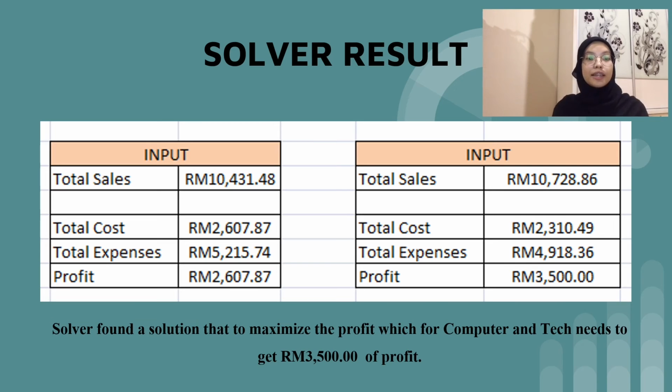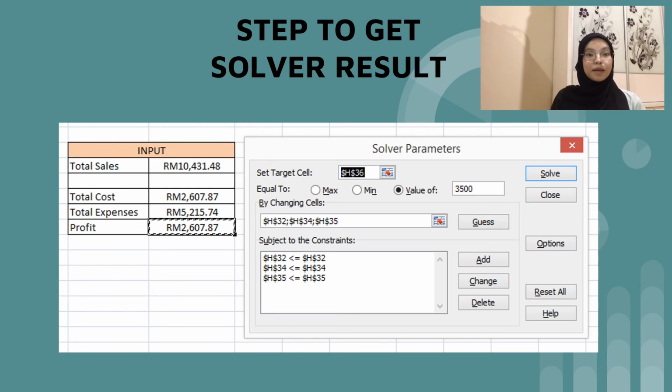This is an example of Solver where we maximize the profit at 3,500. So Solver found a solution: to maximize the profit, computer and technology needs 3,500 for the profit.